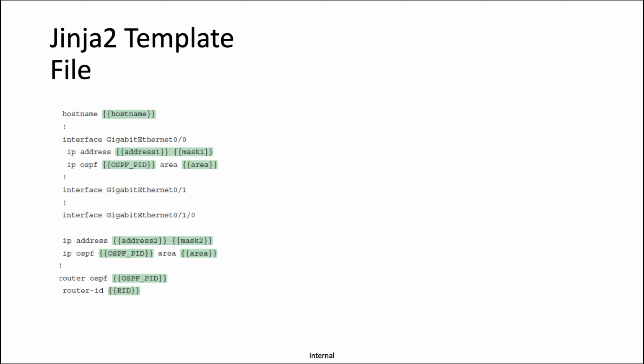So let's take an example of a template file used by Ansible. Here it's using Jinja 2 language for templates. If you see, variables are highlighted inside a set of double curly brackets, like host name, address. If you compare with the previous example, here the variables are highlighted inside curly brackets.